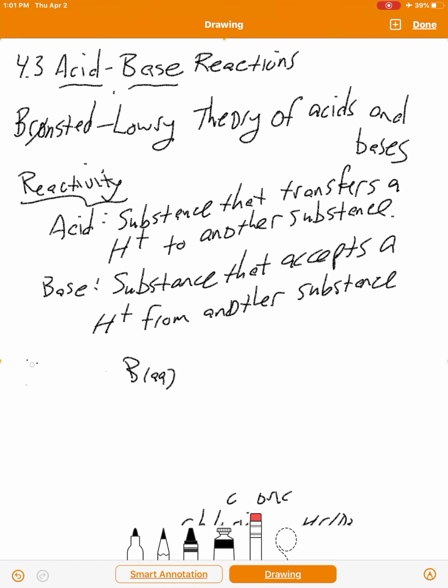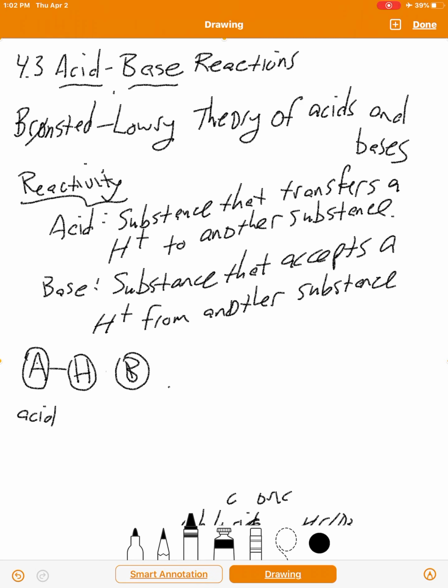Instead of writing it as a chemical equation, I'll just show you physically what's happening. So I'm going to write the HA this way. Okay, so here's your B, here's your H, and there's your A. HA is going to be the acid, and B is going to be the base.